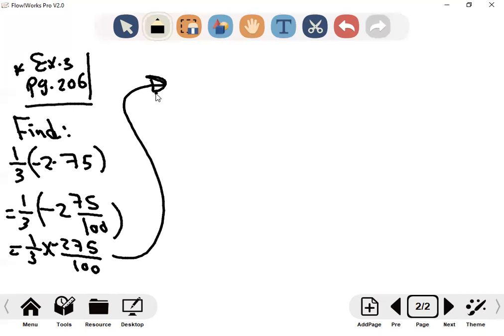Now here we are ready for multiplying. You can multiply, or multiply and simplify. Let's multiply. 1 multiplied by negative 275 equals negative 275 over 3 by 100, 300. Now up and down, both can divide by 25 and 5.